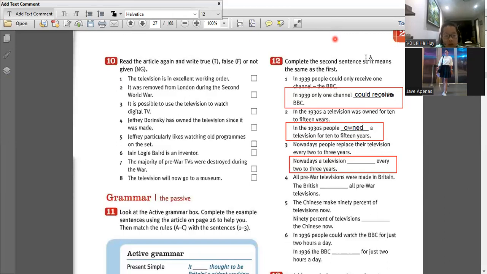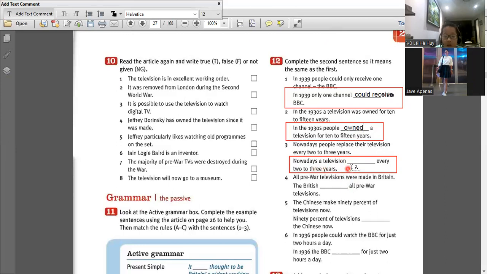Okay, so you say replaced? Yes. Are you sure? It says nowadays. So we're not gonna use past tense in this verb right here. You try. Can you try? Another one.